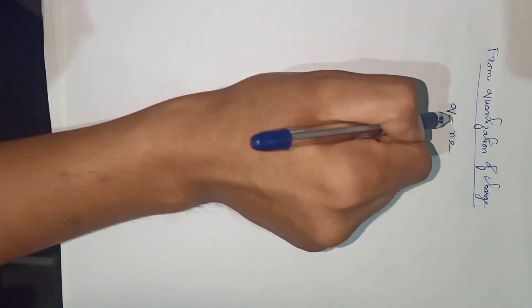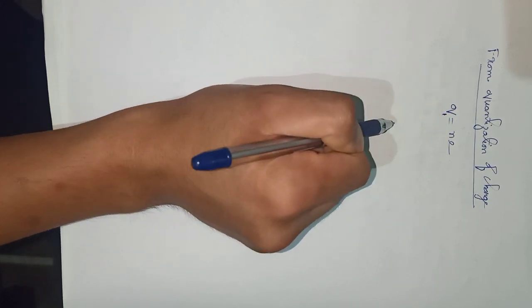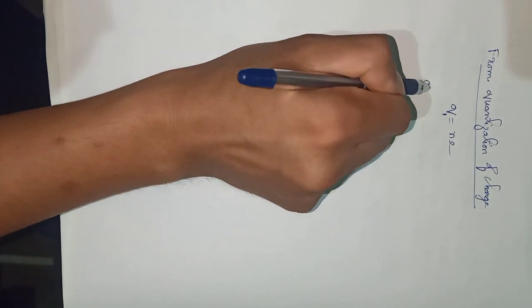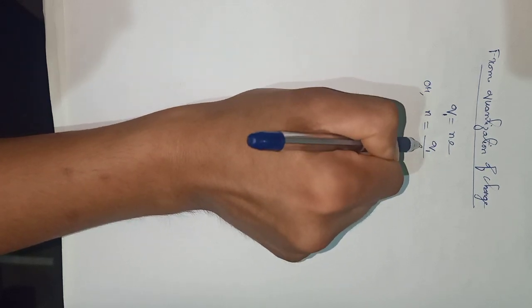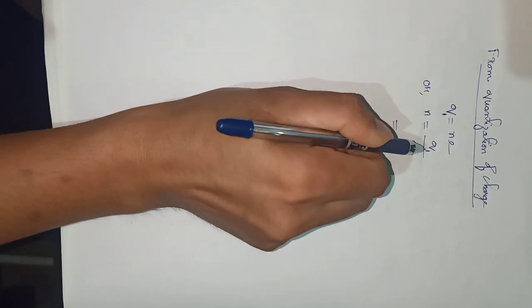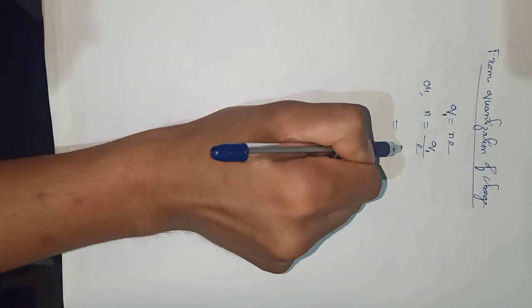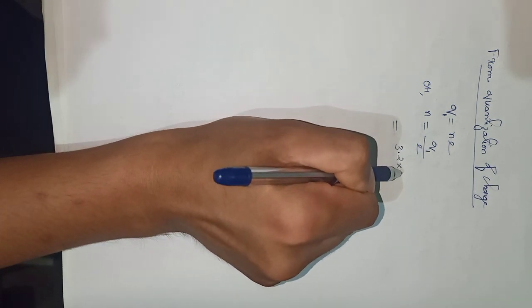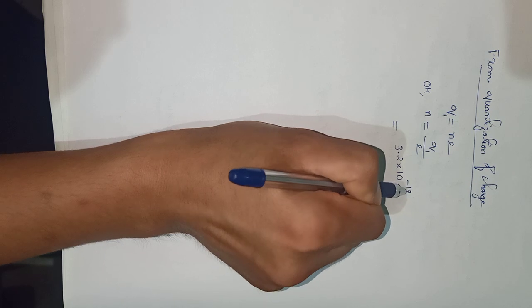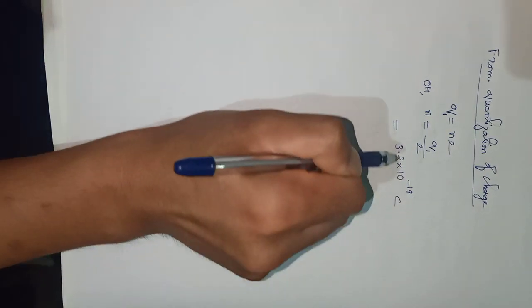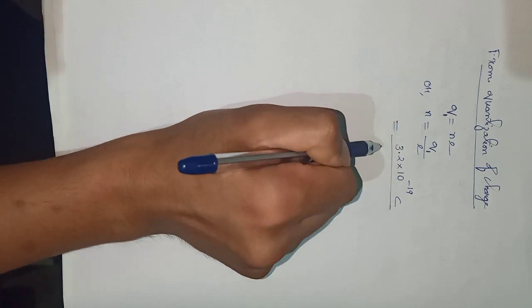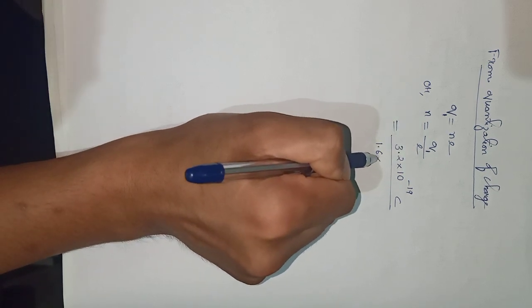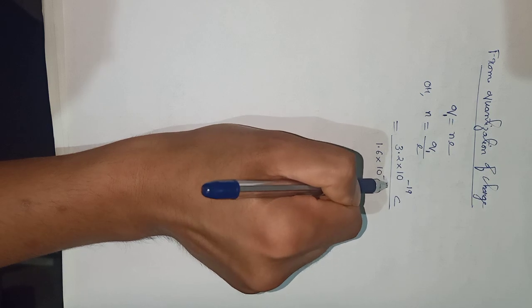In our case, we have taken the charge to be Q1, so Q1 is equal to n e, or n will be given by Q1 divided by e. Now Q1 we have calculated as 3.2 into 10 to the power minus 19 Coulomb, and e is the charge of one electron. So the charge of one electron is 1.6 into 10 to the power minus 19 Coulomb.